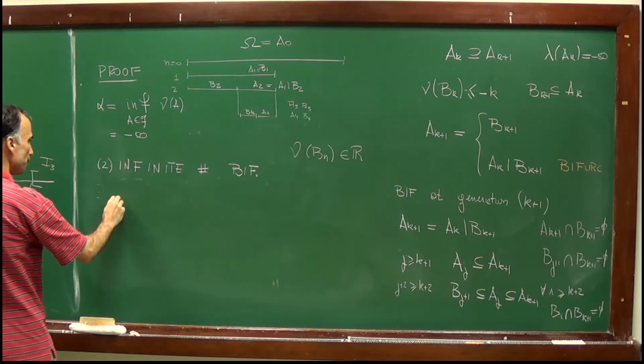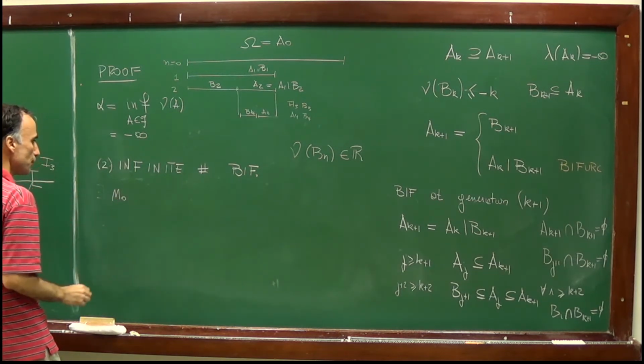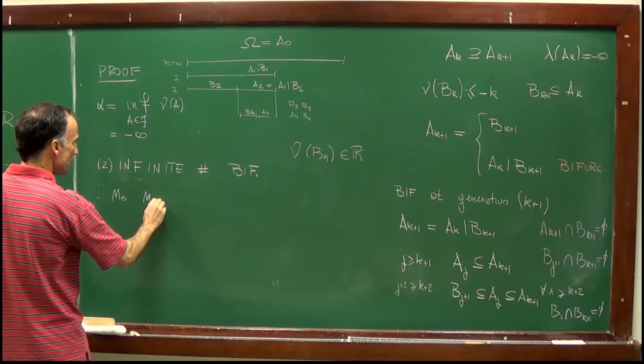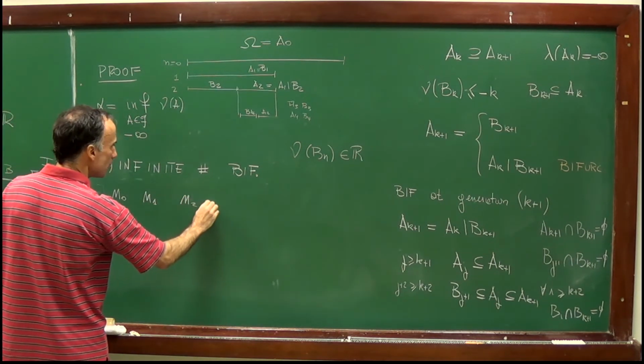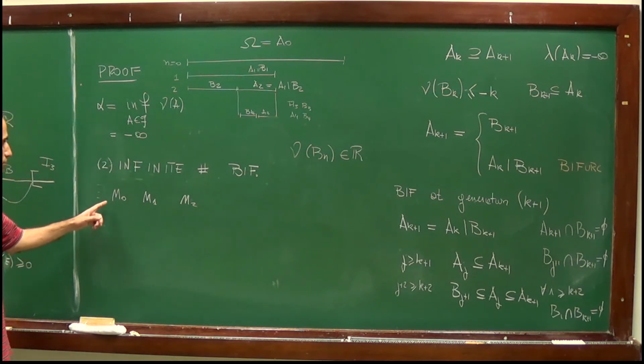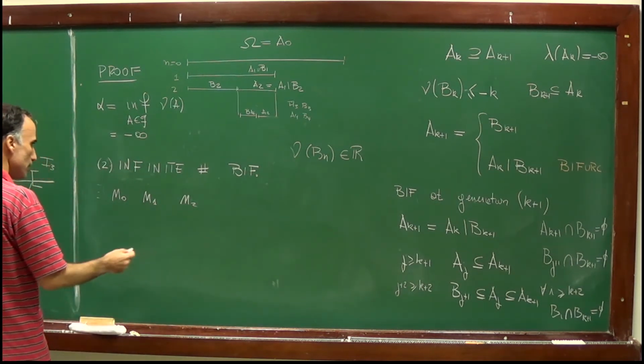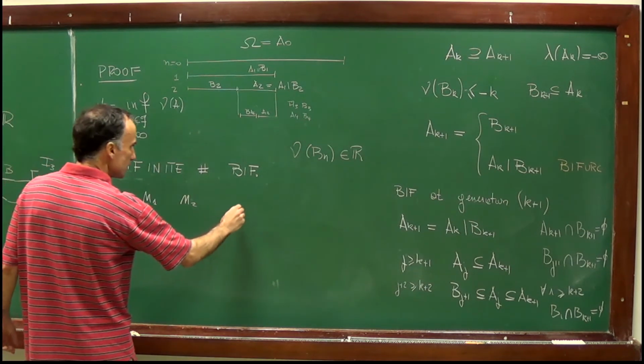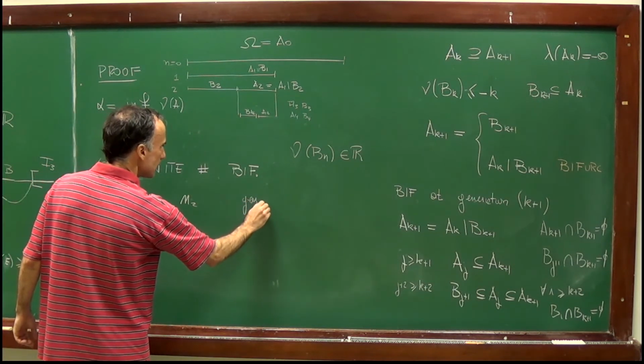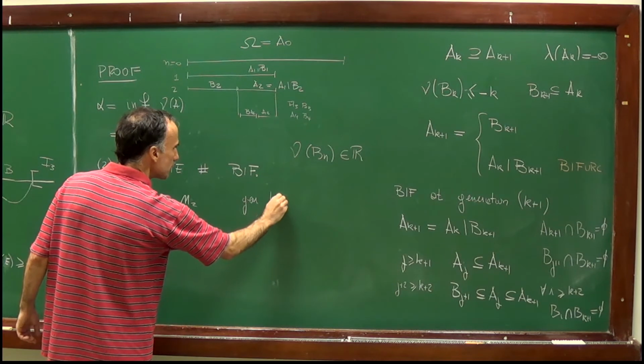So let's take n0, n1, n2, and so on, the generations at which a bifurcation happened. So these are the generations where a bifurcation happened.